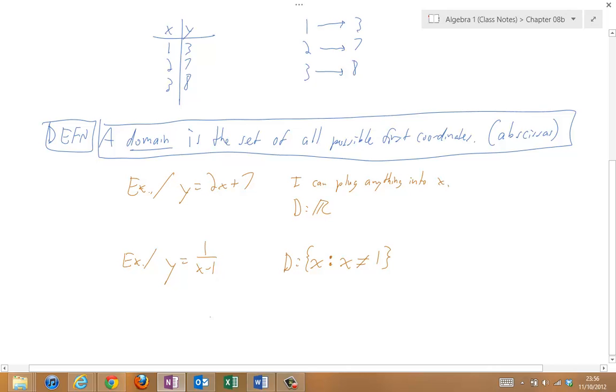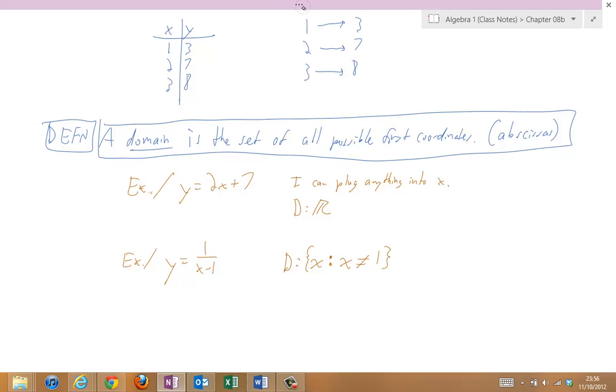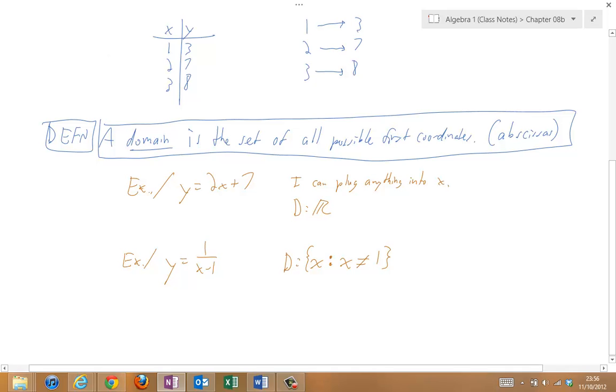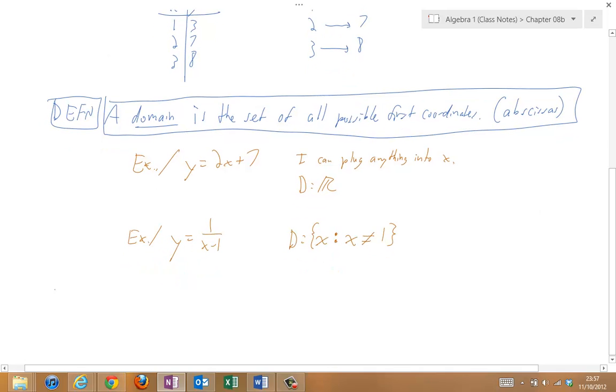Because if I plugged 1 in, it would have 1 over 0. You can never divide by 0, even in the comfort of your own homes, so don't do it. That is domain. Domain's the easier of the two, but it's the one that we focus on more than the other one. So what's the other one?